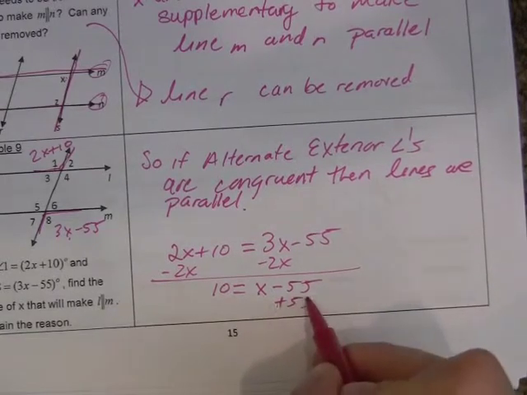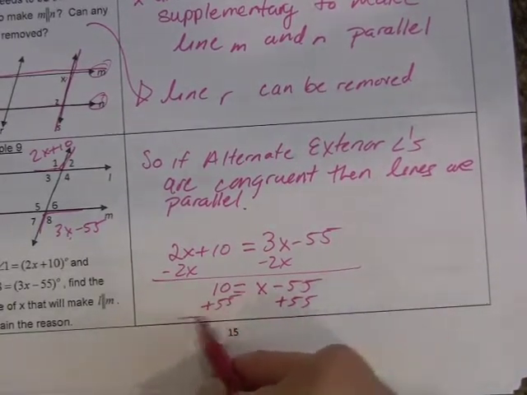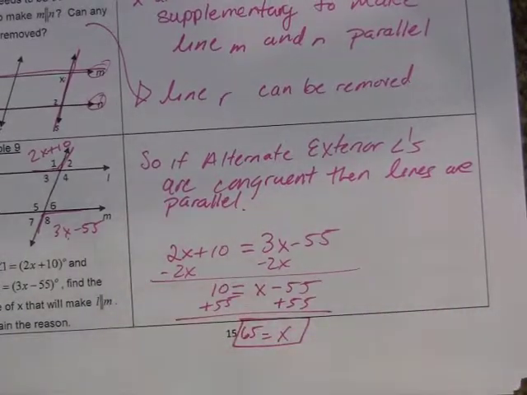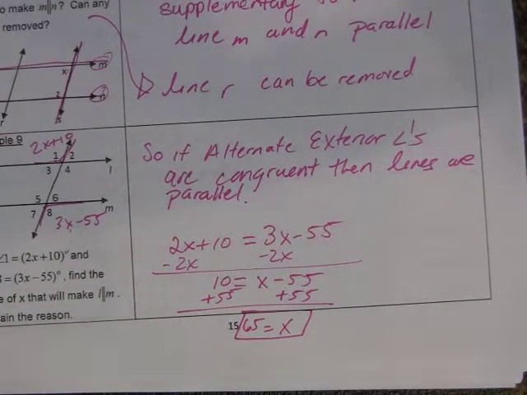Add 55 on both sides, and x equals 65. And we get our solution. And that concludes today's notes on angle relationships, knowing specifically what to do when lines are parallel and the relationship among the angles.